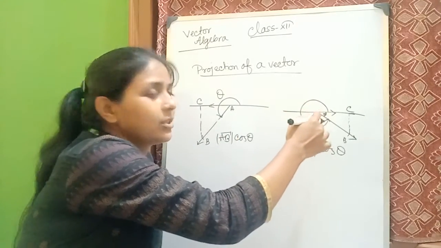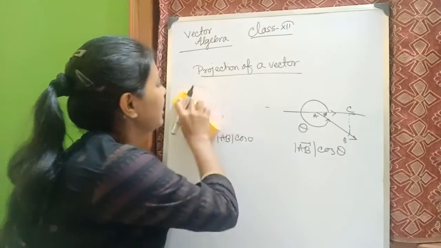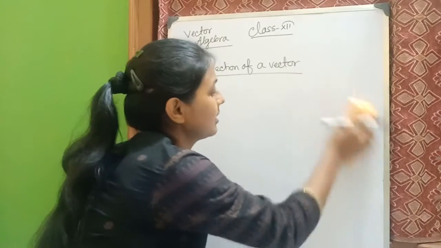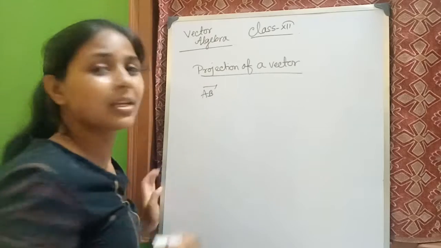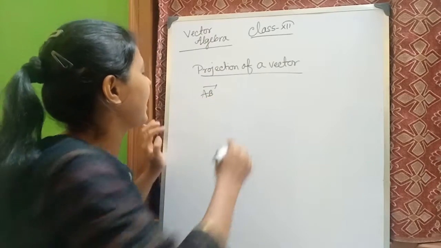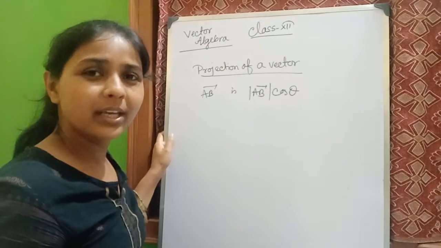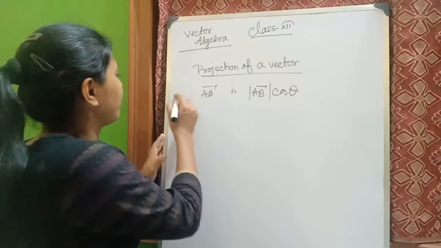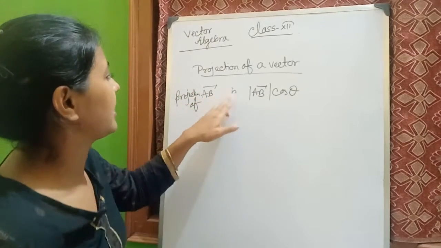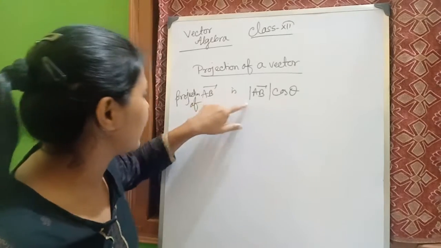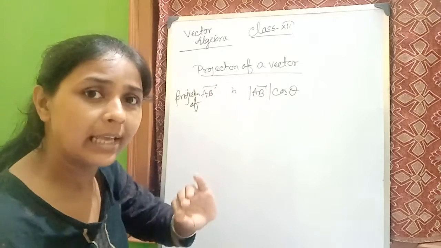Here it is more than 270, less than 360 degrees. So in all four cases, finally we can say that the projection of the vector AB is mod AB cos theta, and its direction will be defined by its sign, either positive or negative.